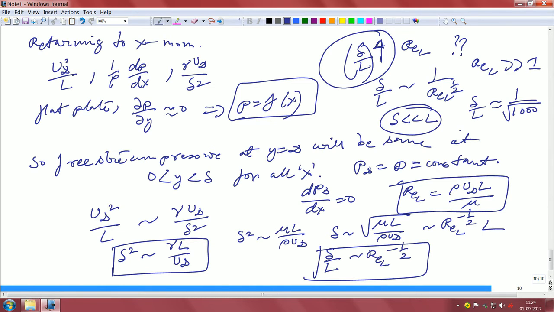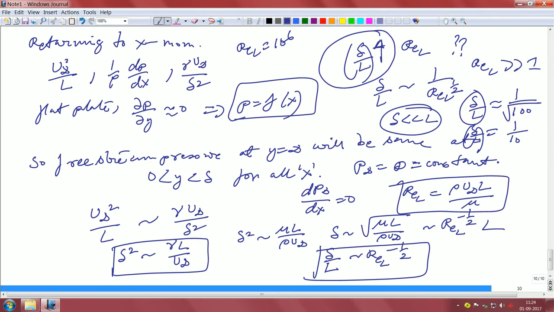If the Reynolds number becomes, say, 100, that may be easier to understand, this will be 1 over 10. If the Reynolds number becomes equal to 10 to the power of 6, what happens?